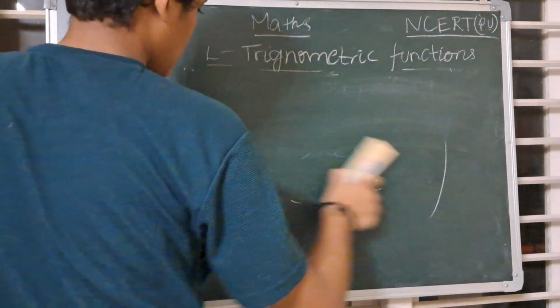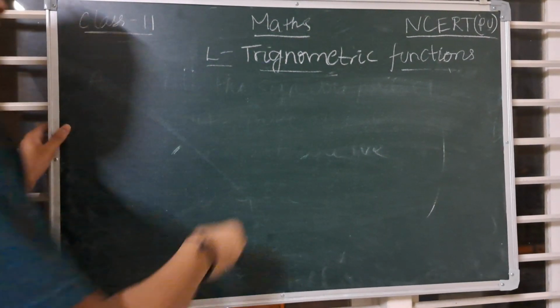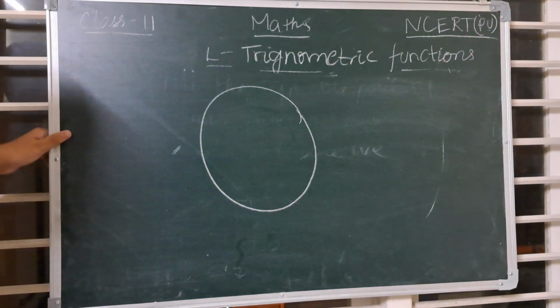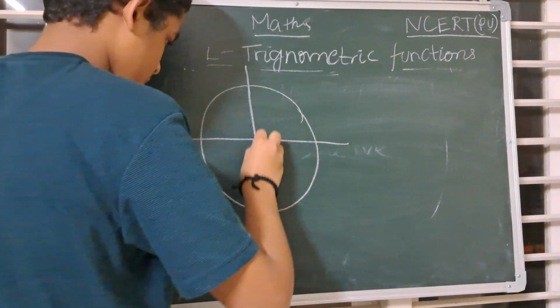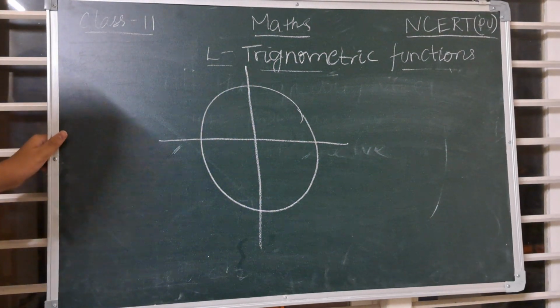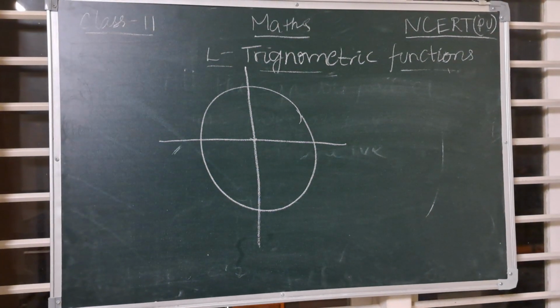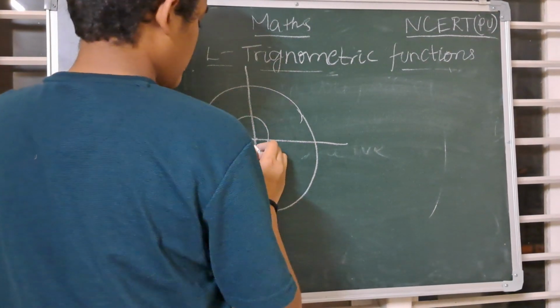So the trigonometric functions, that is angles, are in a circle, this. This is the center. Now all the trigonometric ratios are measured anti-clockwise.